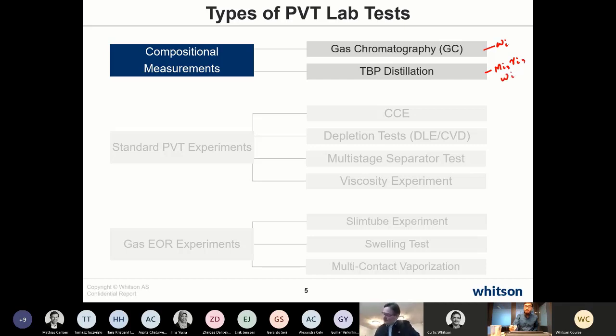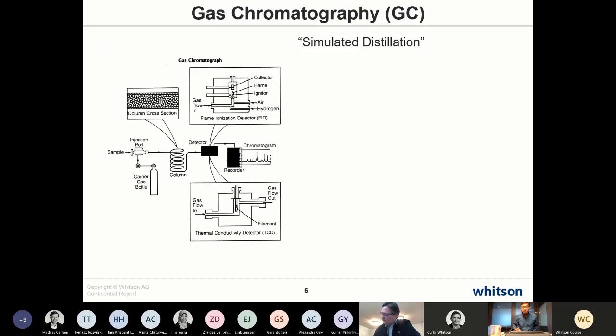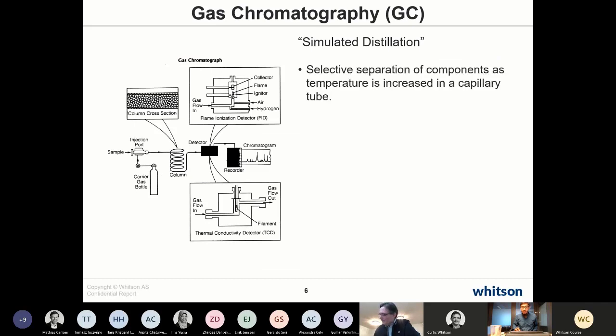So this helps us, for example, to convert the mass fractions to mole fractions using the molecular weight, and also helps us develop the EOS model, characterizing these heavier fractions, knowing the molecular weight and gravity of the average components. So this is just the brief introduction on the two methods here. Now we will jump into the details and also look at the PVT reports. Again, these are just some introductory slides.